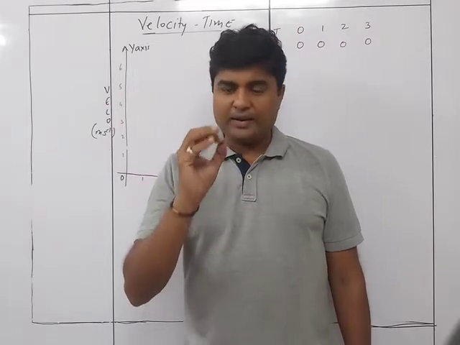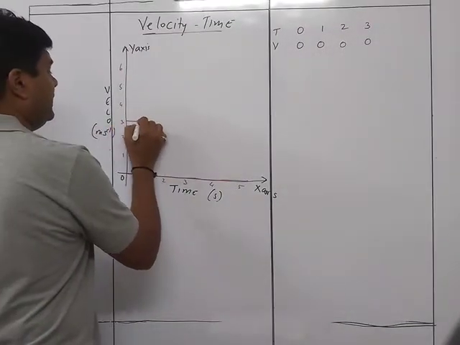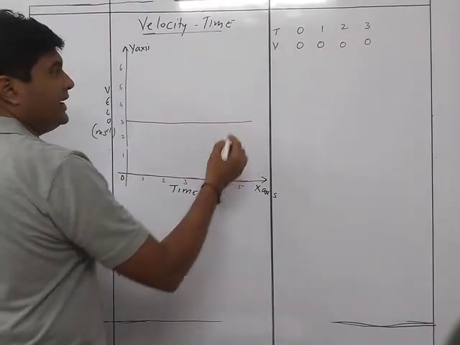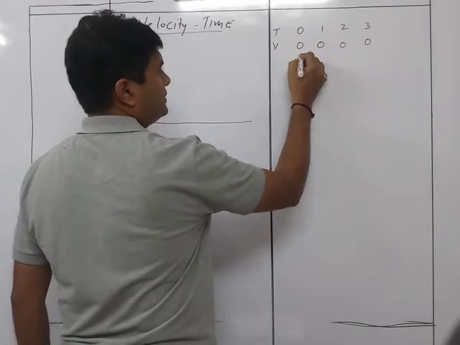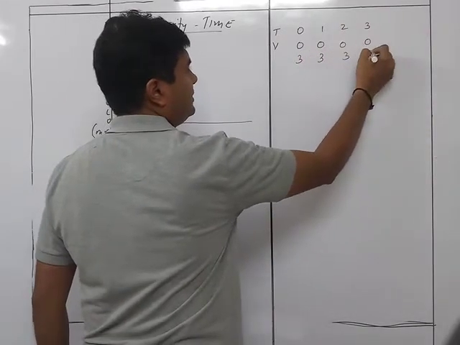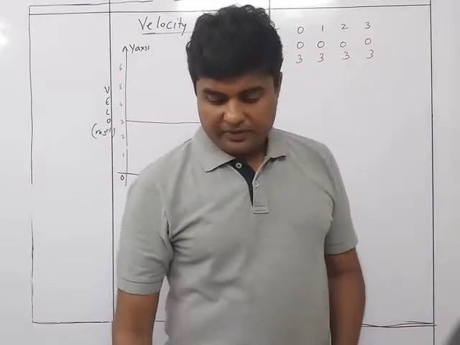Now we'll change it a bit. We are going to take this point at 3. So over here the velocity is not 0, but it is 3, 3, 3 and 3. Now what happens? Is the body at rest?